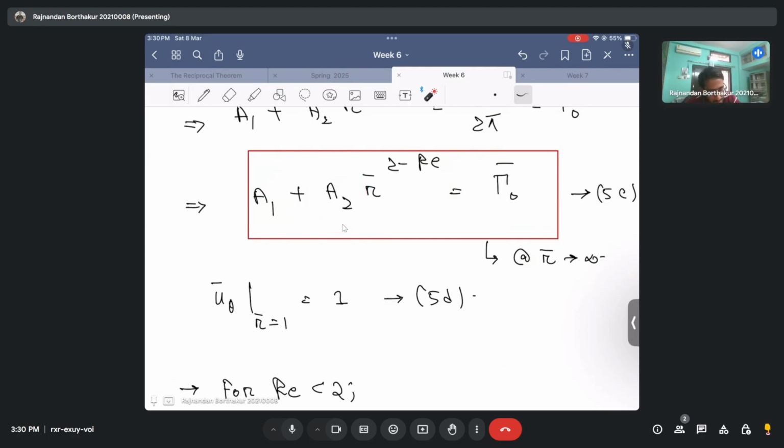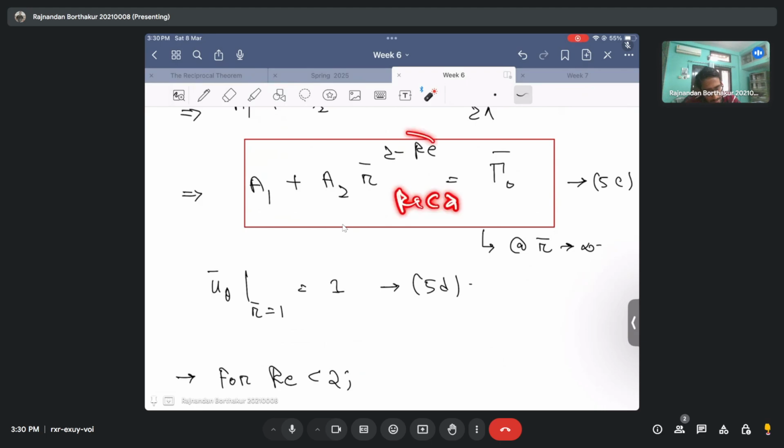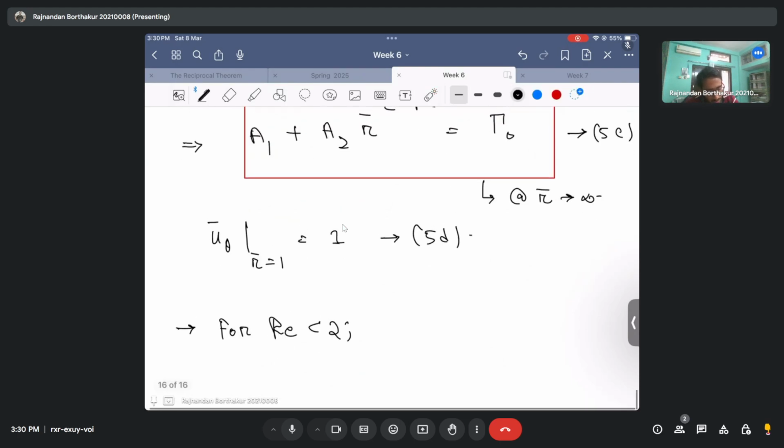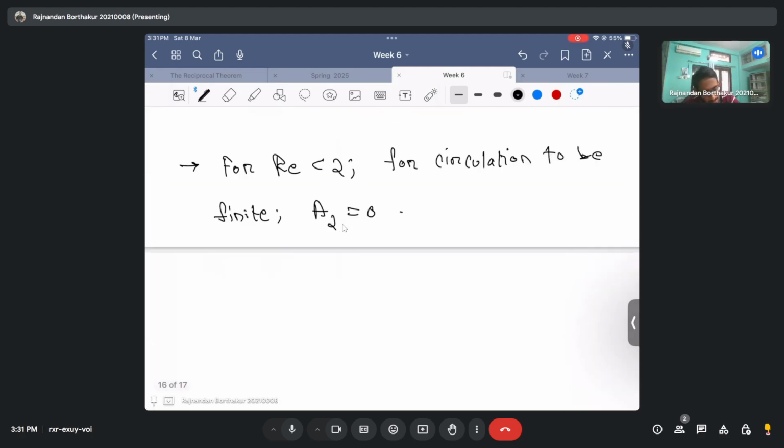Because if my Reynolds number is less than 2, then 2 minus Re is greater than 1, which means that if I want a finite quantity on the right hand side when r bar goes to infinity, a2 has to be 0. So for Reynolds number less than 2, for circulation to be finite, a2 has to be equal to 0. That's it, a2 is just 0.